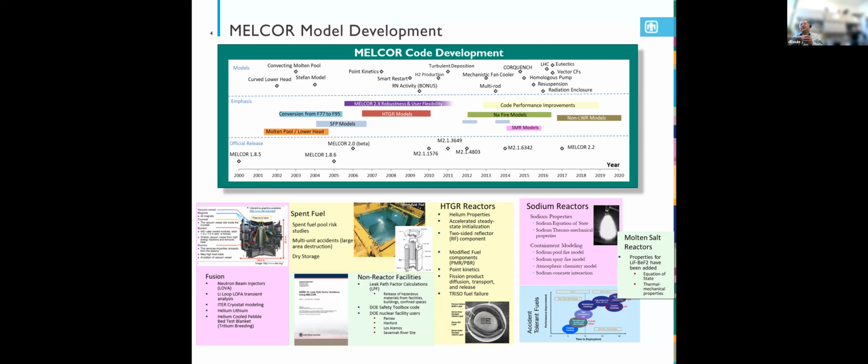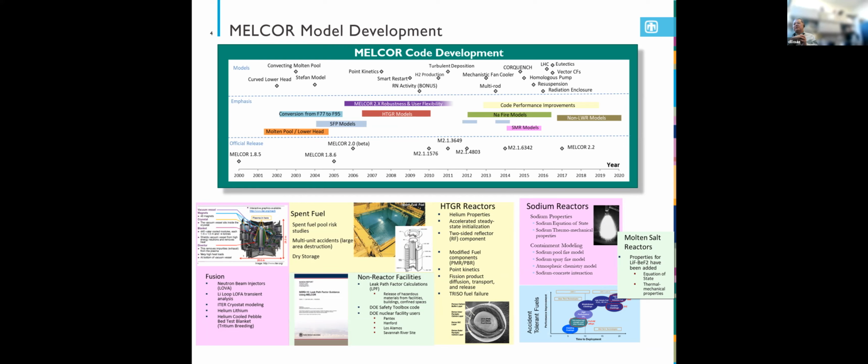That's a source term. Now, I said before, we have the high temperature gas reactor being developed in the early 2010s or so. Some of these improvements we have done in the past few years, and we have some demo calculations shown in the last couple of years.